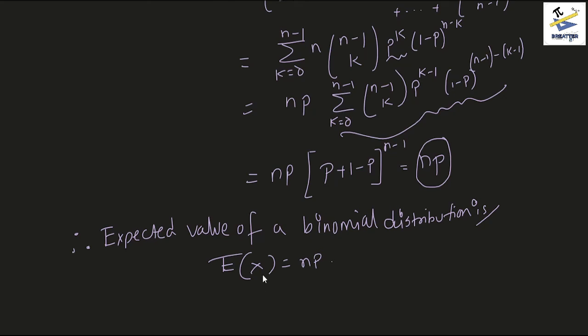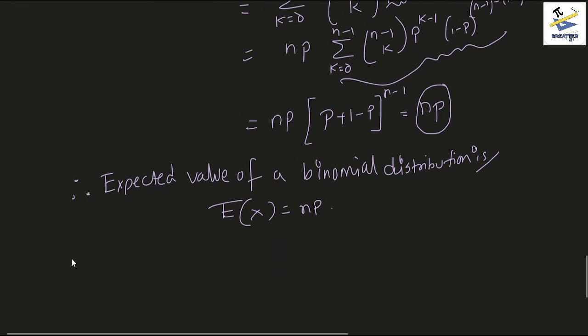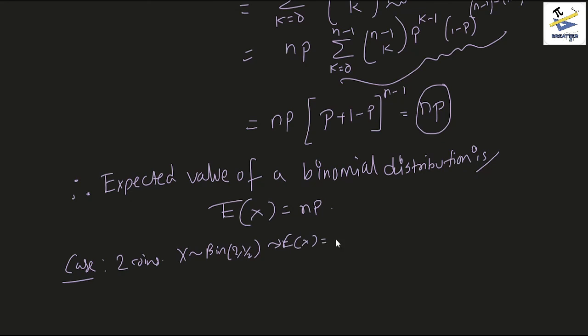And in this way, for the tossing of coins case, so case 2 coins, you can see that x follows binomial of 2 comma half, so the expected value should be 2 into 1 by 2, which is 1.